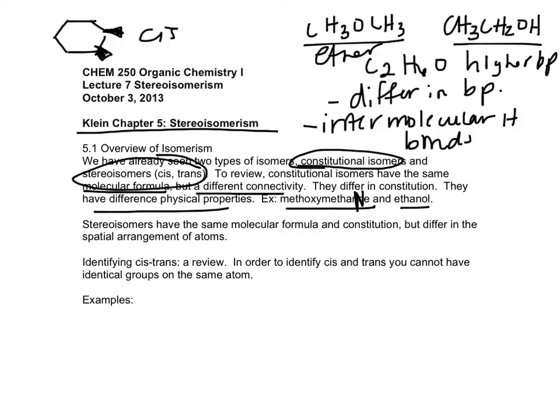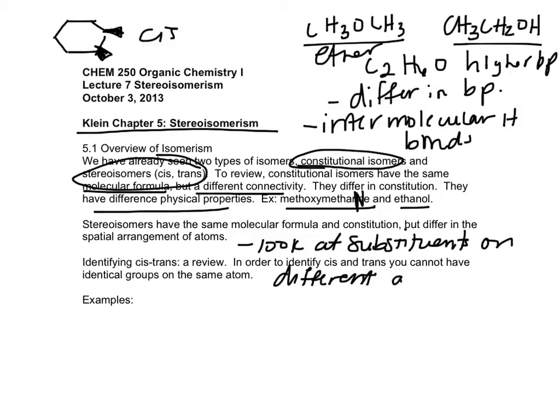The key with cis and trans is that you have to identify substituents on different atoms. And we can also identify cis and trans when we're looking at double bonds.